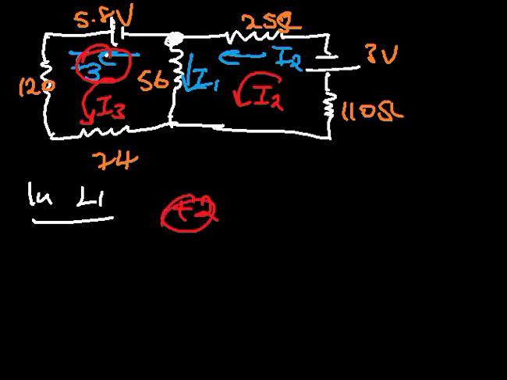So the answers will be the same, only that instead of a positive we'll have a negative, and instead of a negative we'll have a positive. If we happen to have a negative answer, it means the direction was supposed to be the otherwise, but that's the principle behind it.